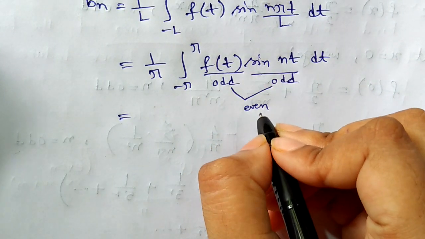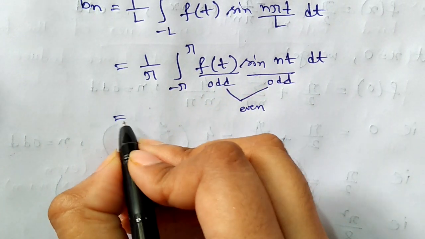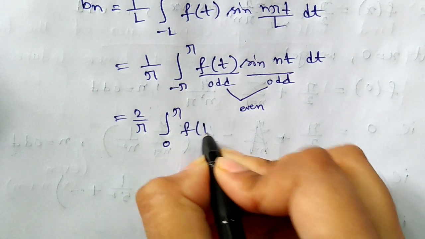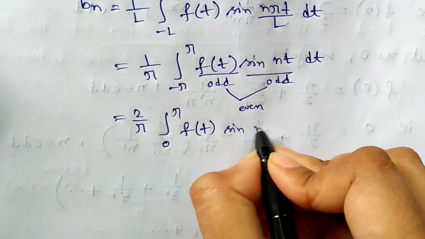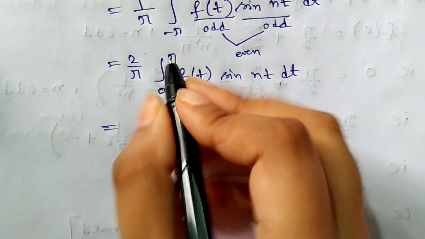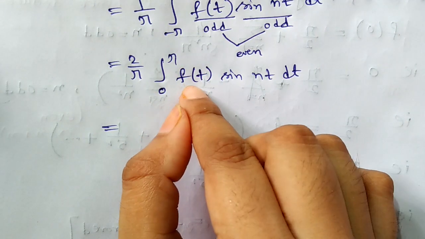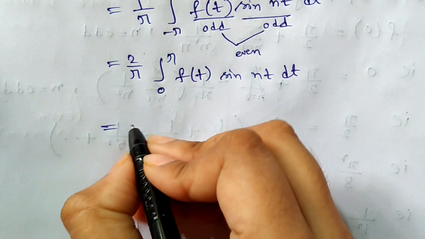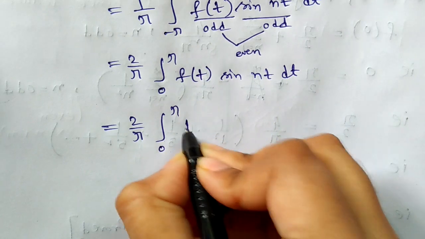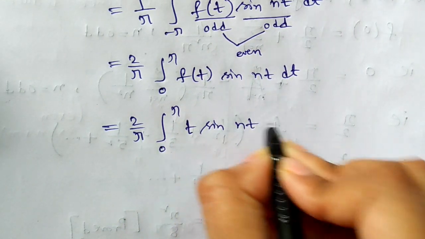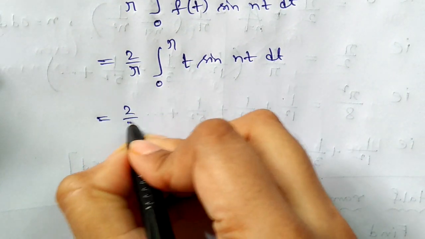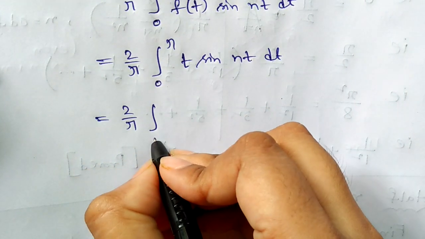As the integrand is even, by our direct result, it is 2 by pi integration 0 to pi f(t) sin nt dt. In this section 0 to pi, the value of f(t) is t, so 2 by pi integration 0 to pi t sin nt dt.